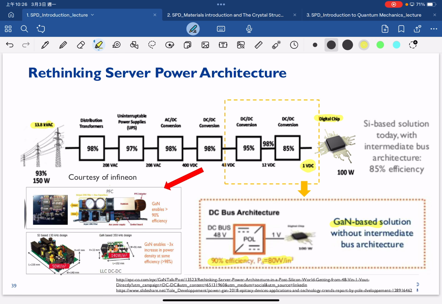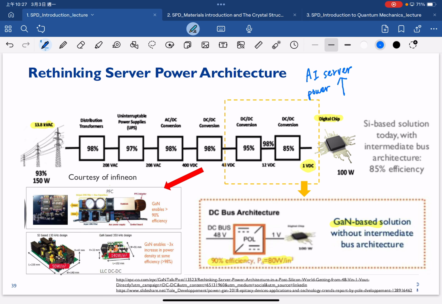And nowadays, this server power architecture is pretty important, especially with the demand from our AI server. The power to drive our AI server has dramatically increased.